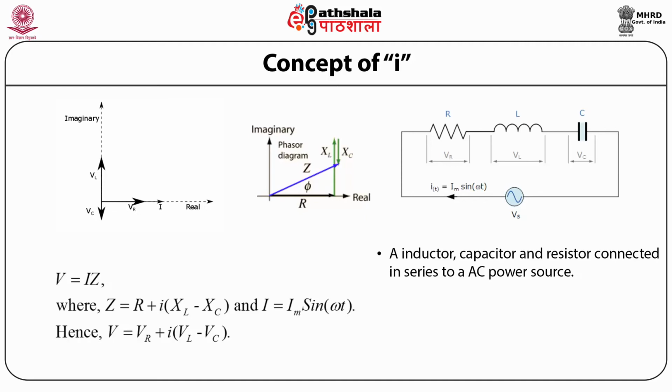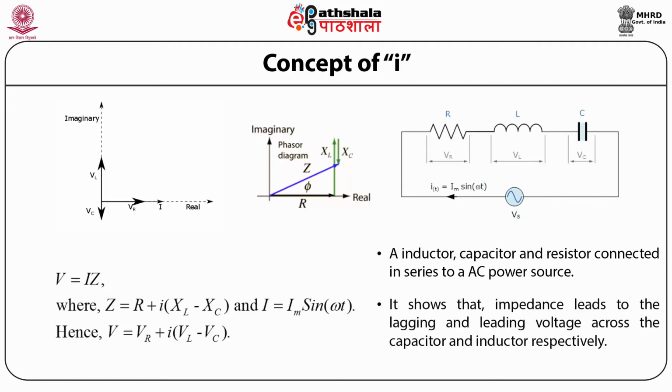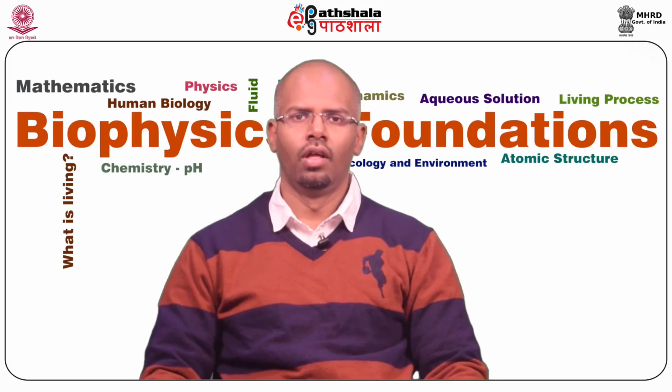So the current is sinusoidal, which means it is going to change with respect to time, and the voltage is also sinusoidal, which again means it is going to change with respect to time, right? So the V can be represented as VR plus j(VL minus VC). It shows impedance leads to the lagging and leading voltage across the capacitor and inductor respectively.